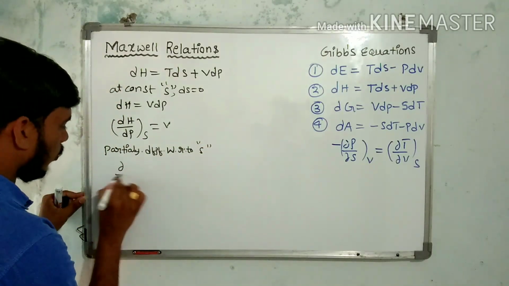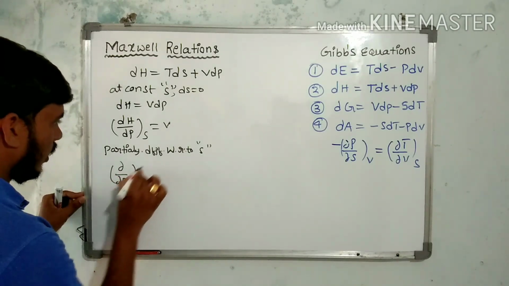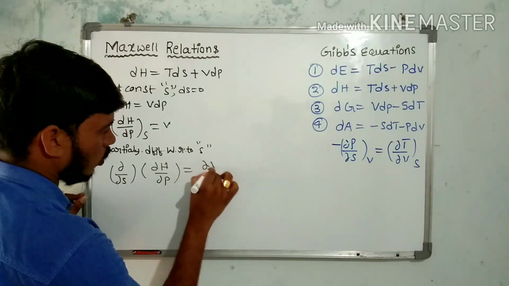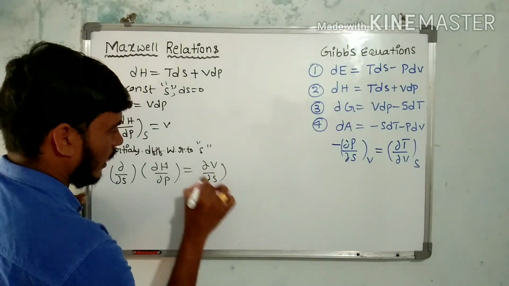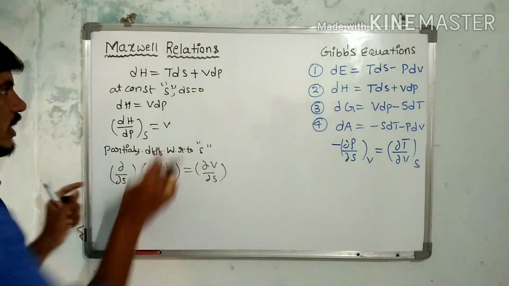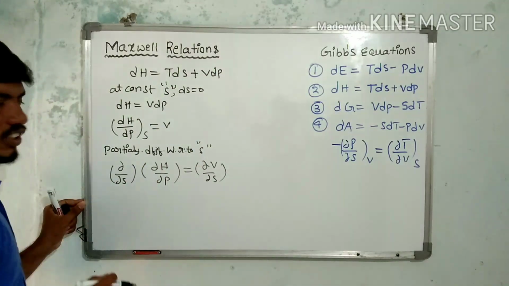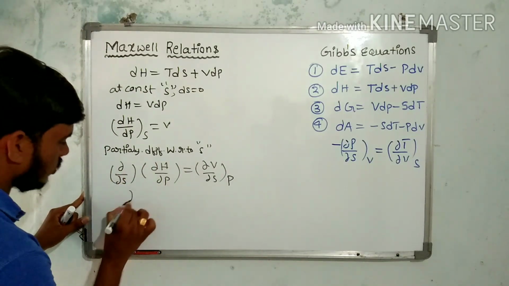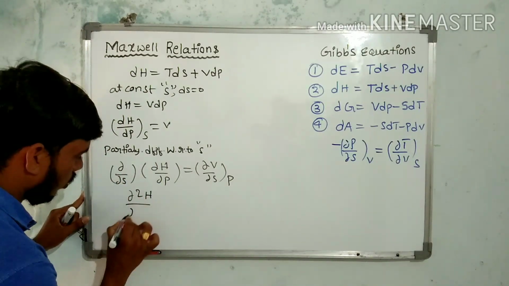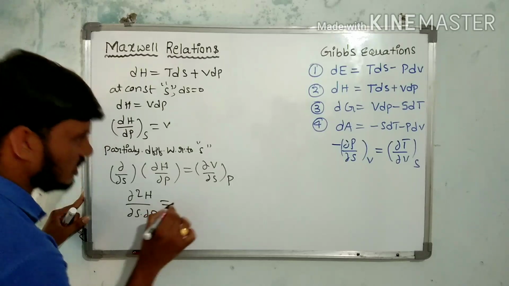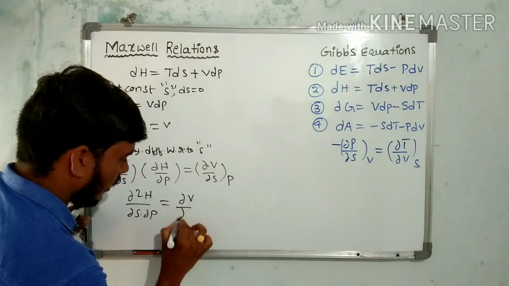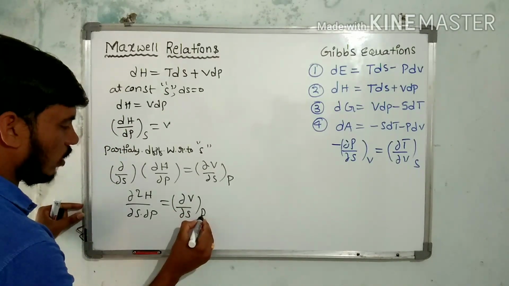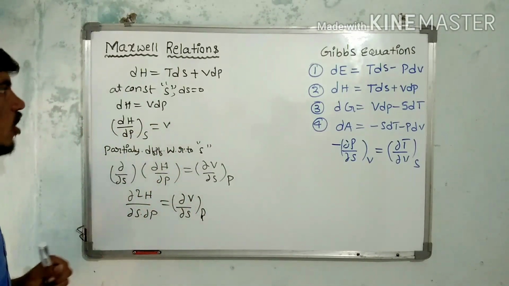Dou by dou S into dou H by dou P is equal to dou V by dou S. In this case, in dou V by dou S, the pressure is constant, so the subscript is P. Now dou square H by dou S dou P is equal to dou V by dou S at constant pressure. This is one of the expressions at constant entropy.